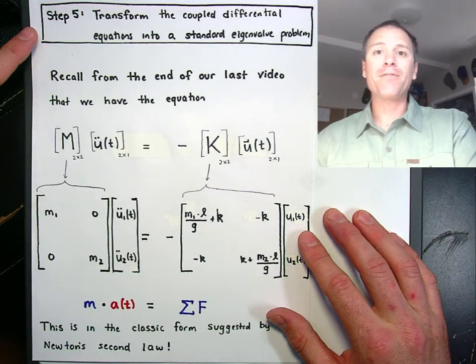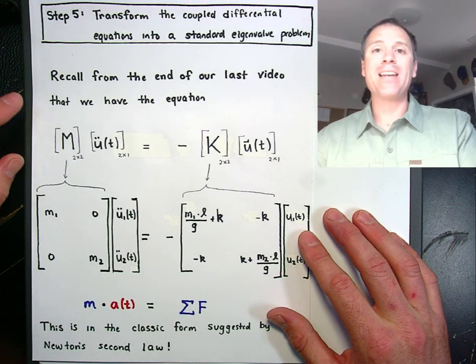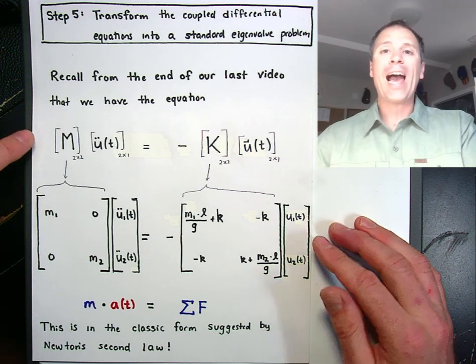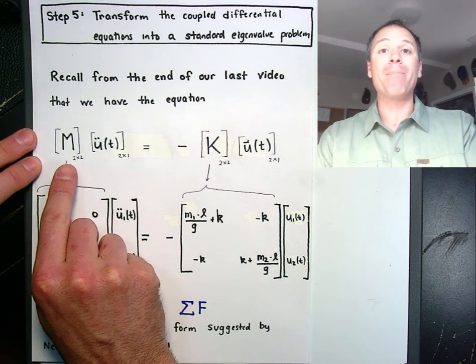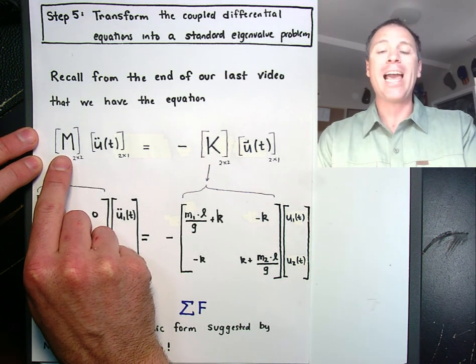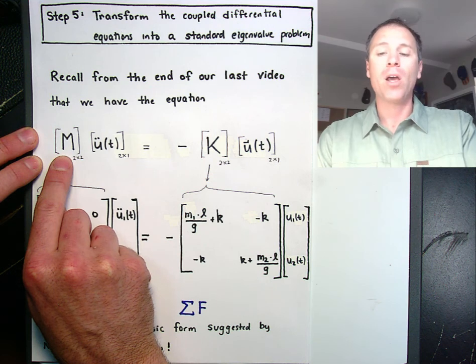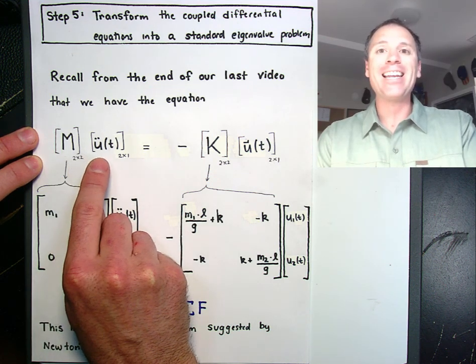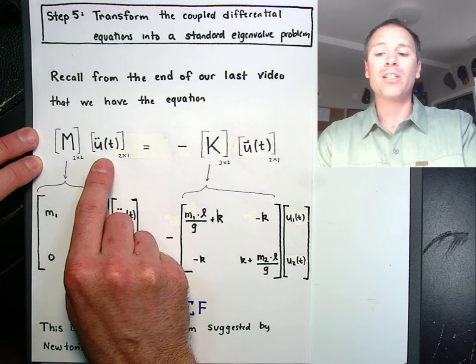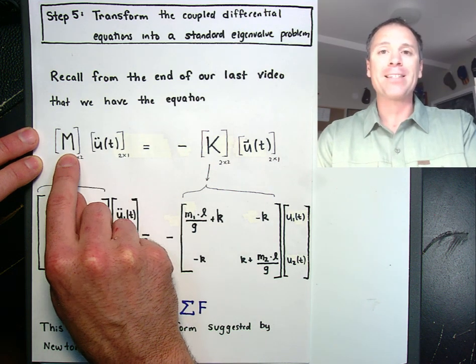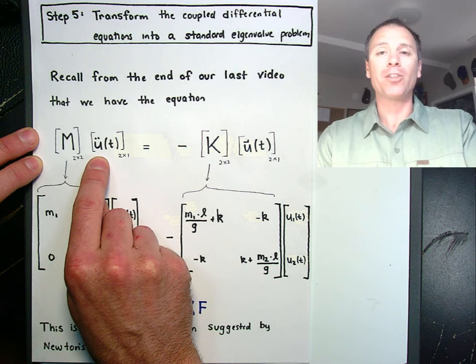And at the beginning of step 5, in other words, at the end of steps 1 through 4, we have this equivalent realization of the coupled pendula problem. Specifically, we have it in matrix form, where we're taking a matrix M, called the mass matrix, multiplying it by the second derivative of the vectored value displacement functions, aka this is mass times acceleration in vector form.